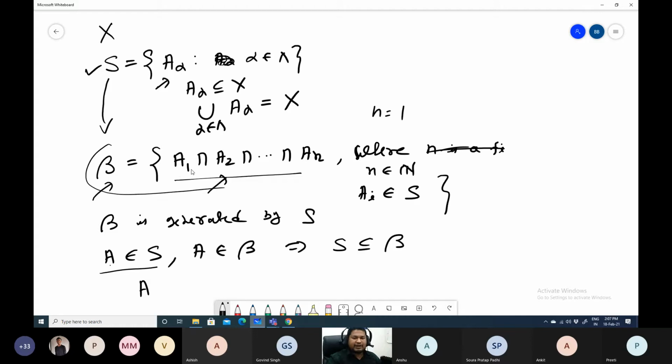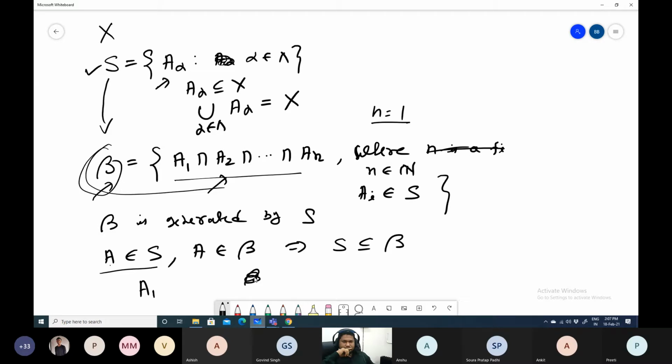We are talking about a finite intersection only, right? So if you take n equal to 1, then it will be a1. That means beta contains all the elements of S as well. Okay, sir, got it. Thank you. Any other question, or is it clear?